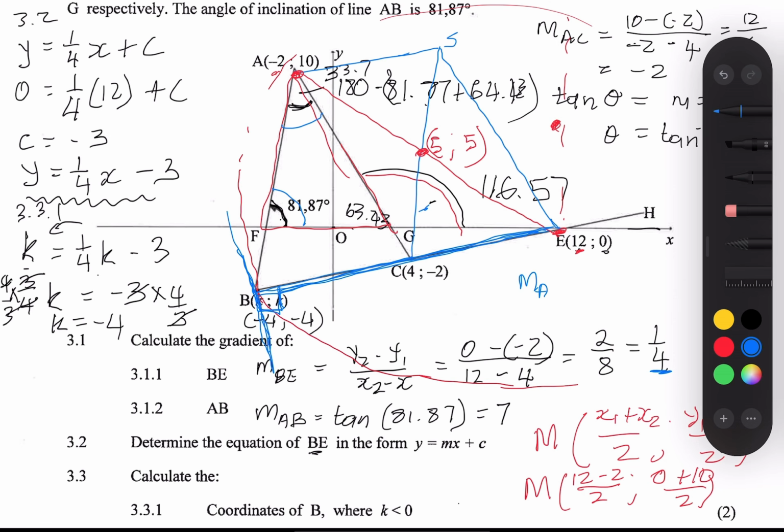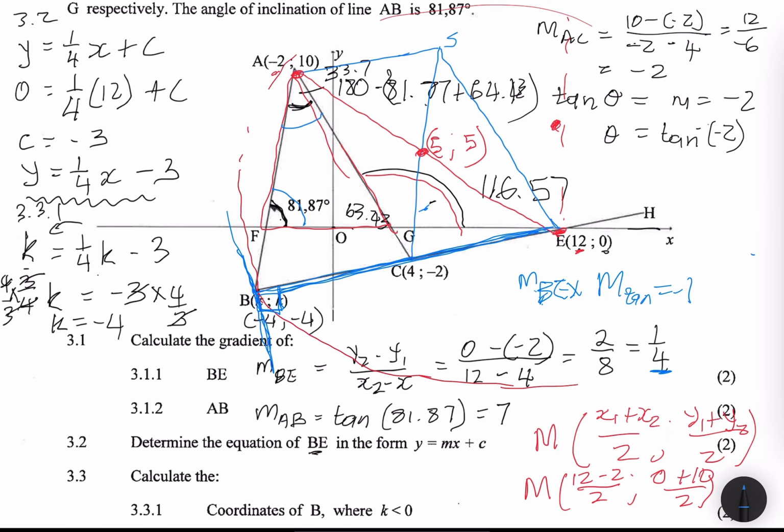So the gradient of BE multiplied by the gradient of our tangent must be equal to -1.